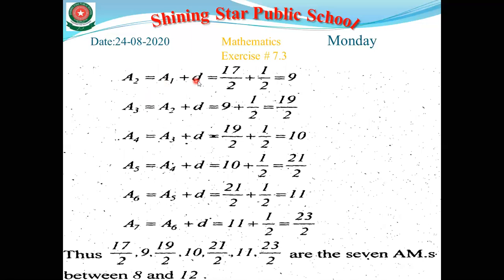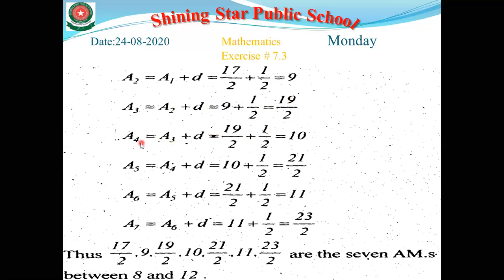Next is A2, which is A1 plus D. A1 is 17 over 2, D is 1 over 2. So 17 plus 1 means 18. 18 over 2 is 9. Now A3 is A2 plus D. A2 is 9. 9 plus 1 over 2: 2 9s are 18, 18 plus 1, 19. 19 over 2.